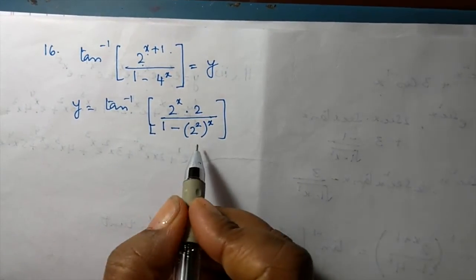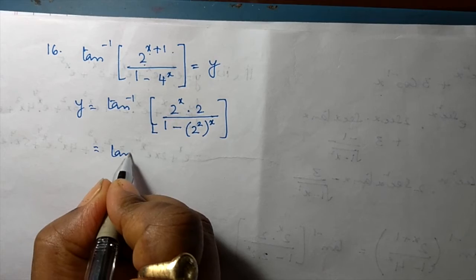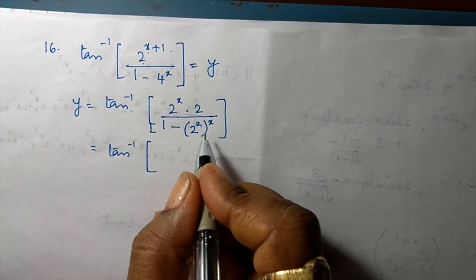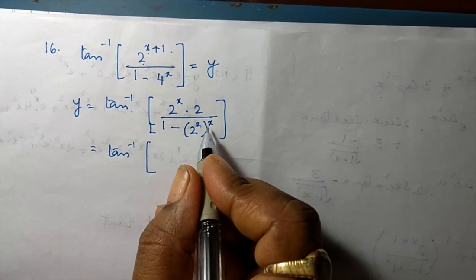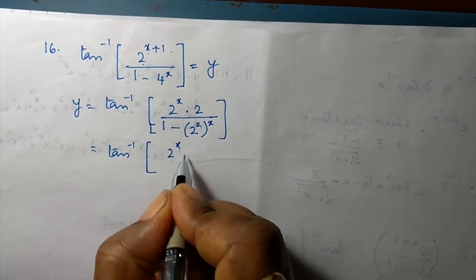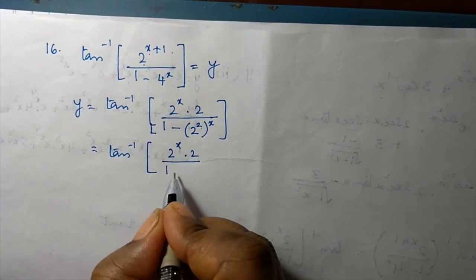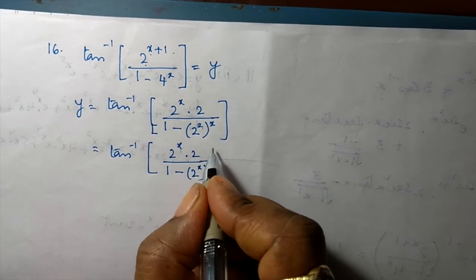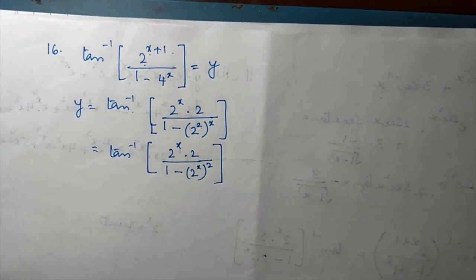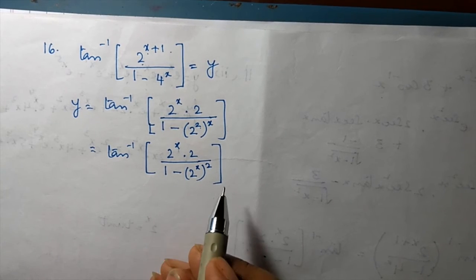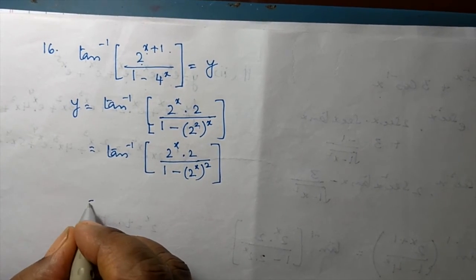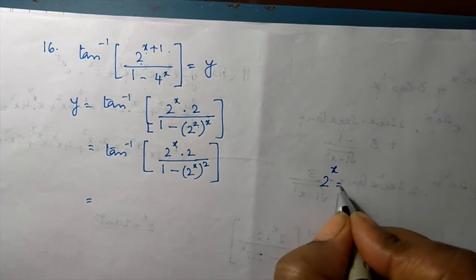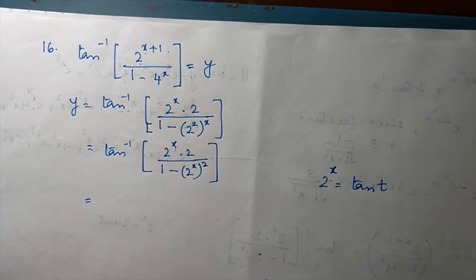Okay, using my indices. Next line, I am going to express it as, you know, when it is power to the power, powers are multiplied, and you can use the commutative law of multiplication and interchange the powers also. So I am writing 1 minus now 2 to the power of x inside and this 2 outside, because I know 2 into x is the same thing as x into 2. So now my form changes to, I am going to take 2 to the power of x as tan t.